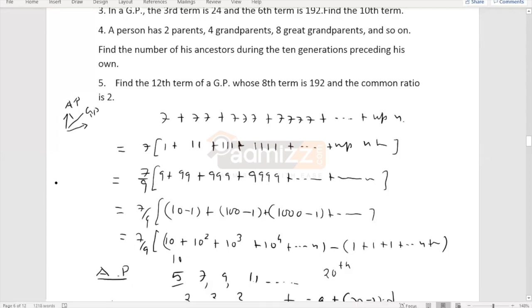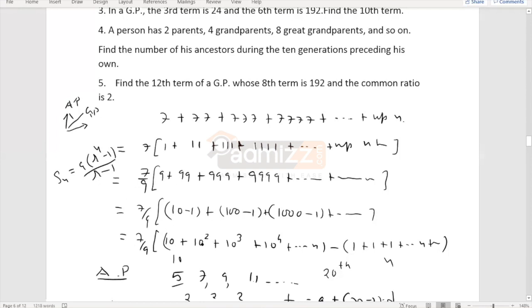So here you may use the formula Sn equal to a into (r raised to n minus 1) divided by r minus 1 for this. But here 1 plus 1 plus 1 plus 1, how many times? n times, it will become n. Here r is 10, and a, the first term, is 10.